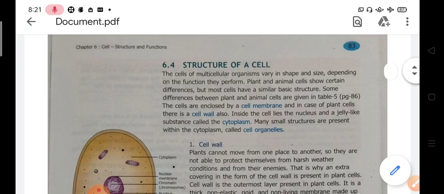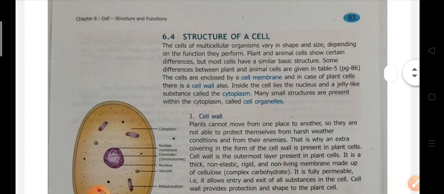So here you can see the cells of multicellular organisms vary in shape and size. This we have already discussed, that different animals have different types of cells as well as different shapes of cells depending on the function they perform. Plant and animal cells show certain differences, but most cells have a similar basic structure.